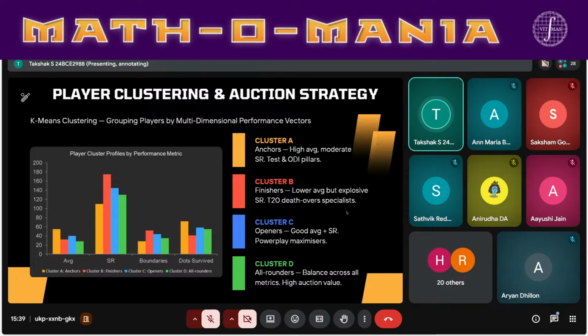And this is exactly the Rajasthan Royals model from 2008 that we discussed in the first section of this presentation. They identified players whose true performance, measured by comprehensive multimetric Z-scores, significantly exceeds their auction price. And they bid strategically for those players, building a team of high performing but underpriced players.